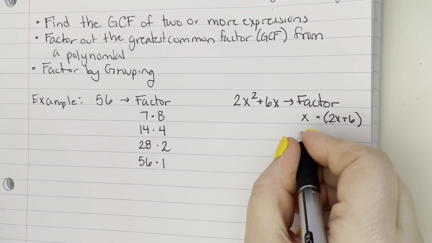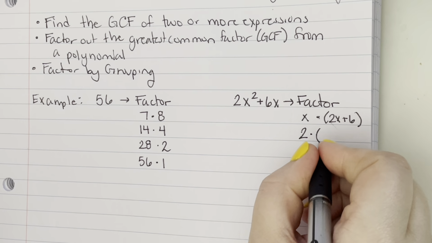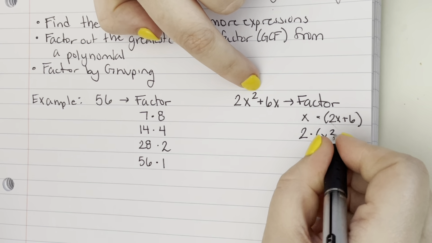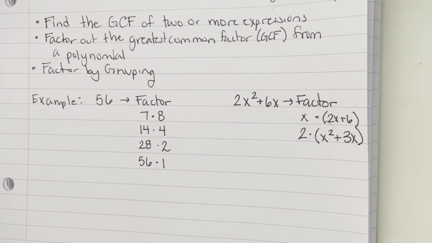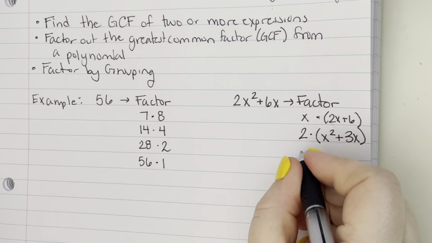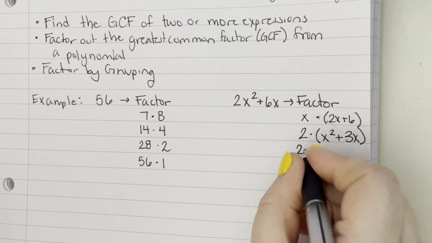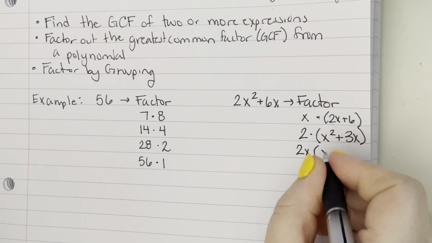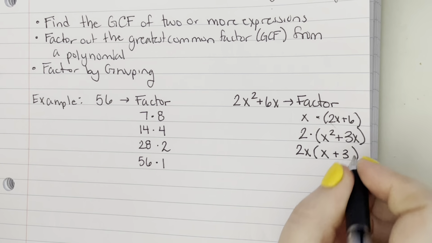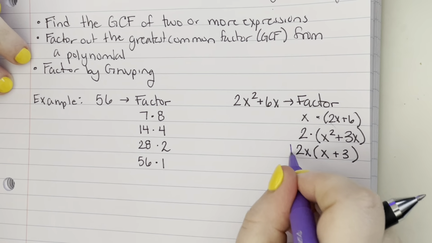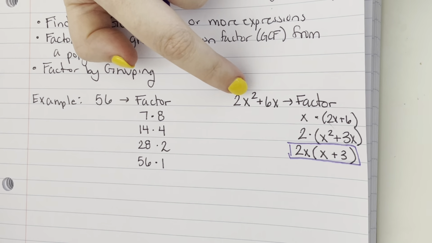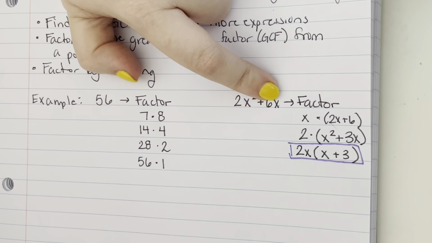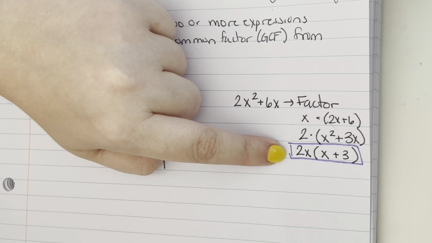Another example might be 2 times x squared plus 3x. And our goal for this lesson is actually the last one, which is 2x times x plus 3. This is the greatest common factor of the polynomial 2x squared plus 6x, so this is how I factor out a GCF.